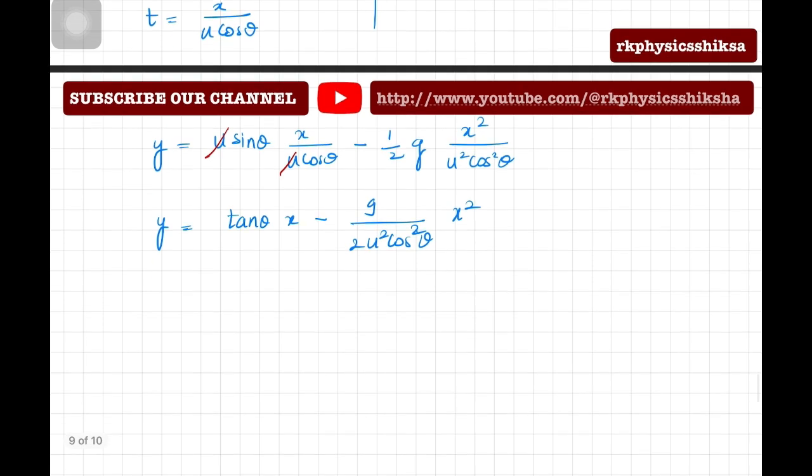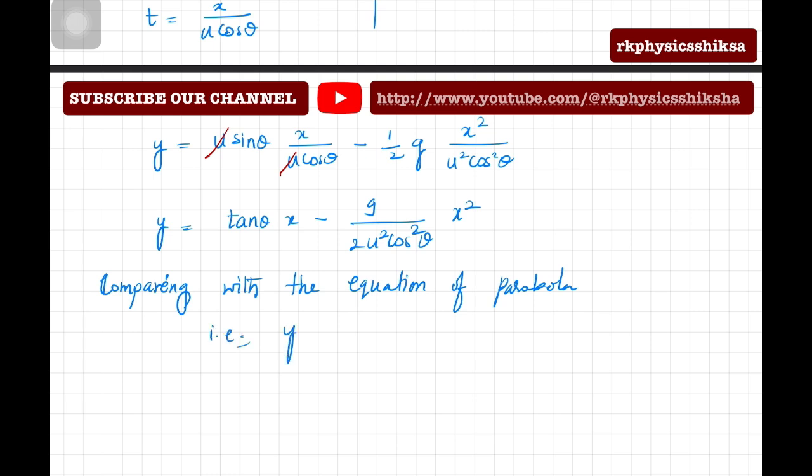Now if I compare with the equation of parabola, we know that the equation of parabola is y is equal to ax minus b into x square.